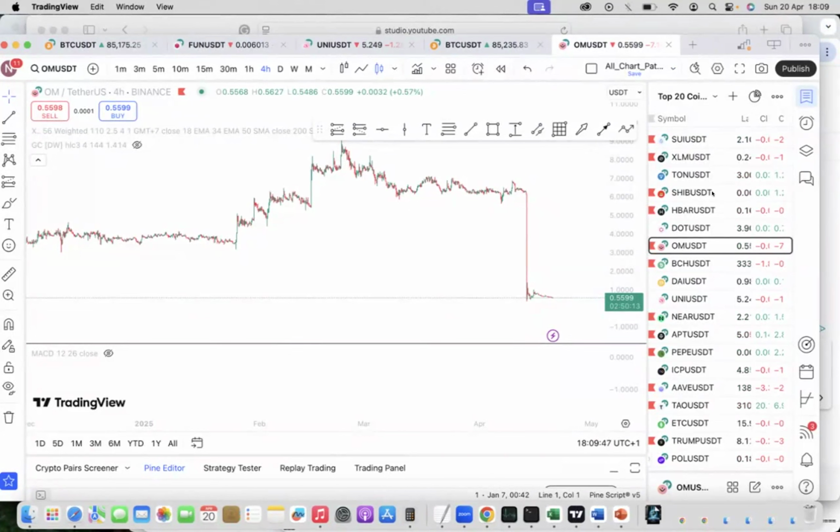So if you know what to do on this chart without indicators, type 1. And if you don't know what to do without indicators, type 0. Now, this is not an exam question.